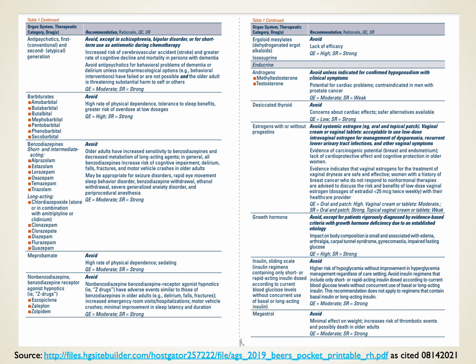There's some data to say that when we're treating, for example, behavioral symptoms of dementia, the environmental issues are first line, and that in delirium and dementia, the data is less clear for benefit, and there is probably a higher morbidity and mortality risk associated with them, that there's often more trouble than benefit. So antipsychotics we try to avoid in older patients whenever we can, particularly when we're trying to manage dementia or delirium.